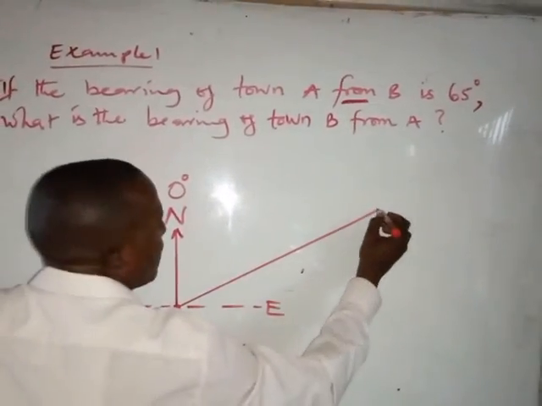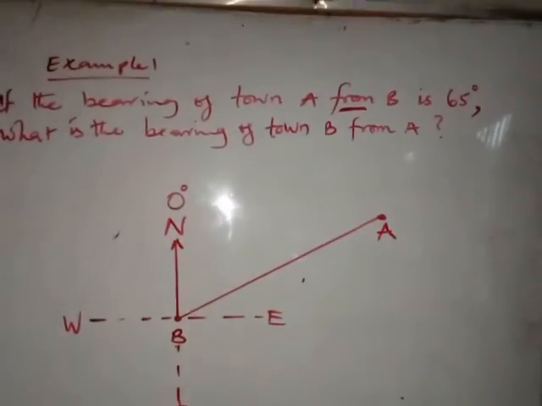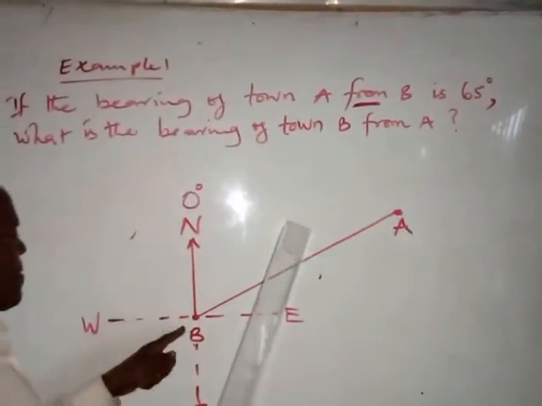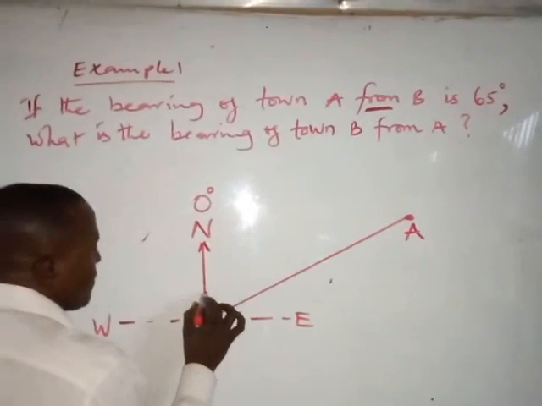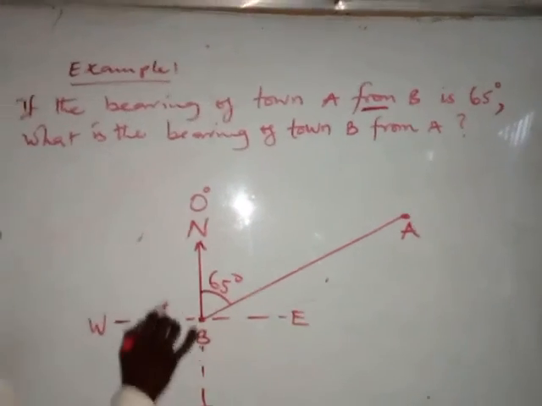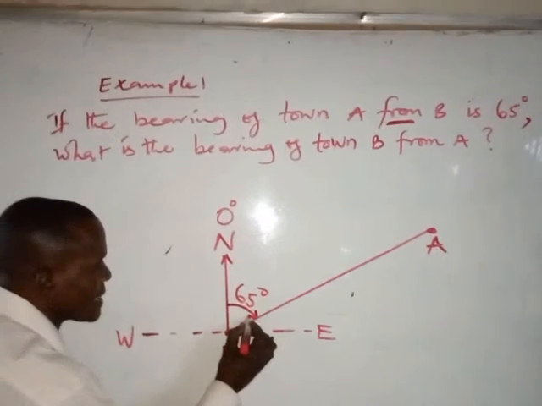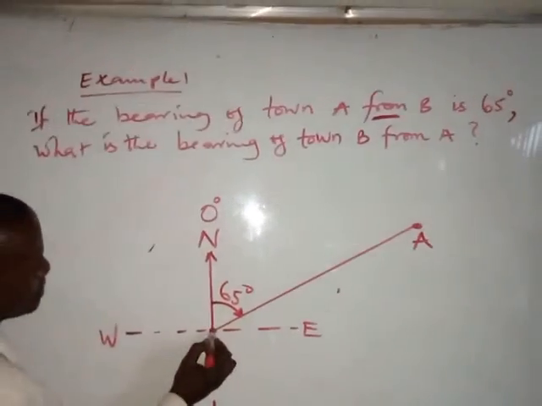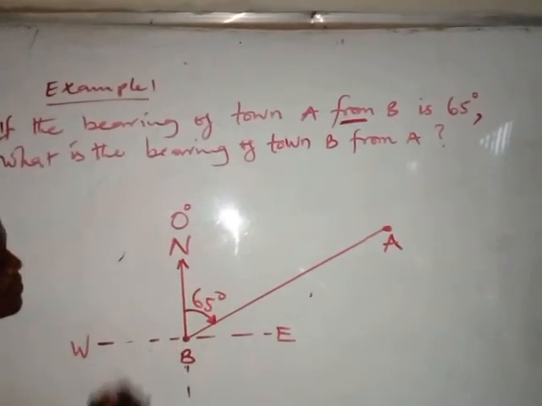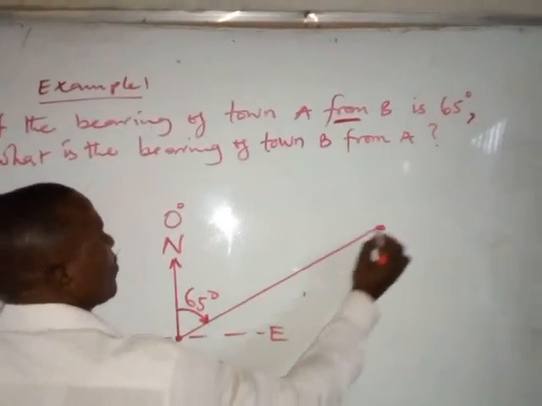Alright. So, maybe this is now my town A. Beautiful. You see, the bearing of town A from town B is 65 degrees. Bearing is calculated in clockwise direction. So we start it from point 0, which is clockwise direction from here down here. That is 65 degrees. Okay, now, so you follow it to town A.